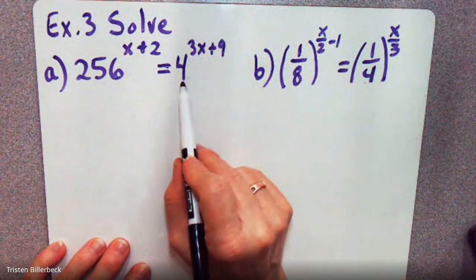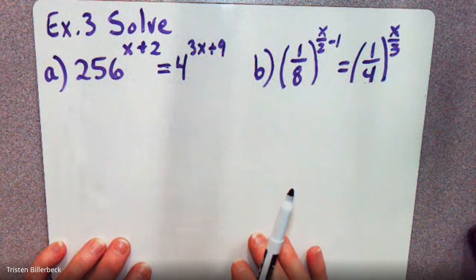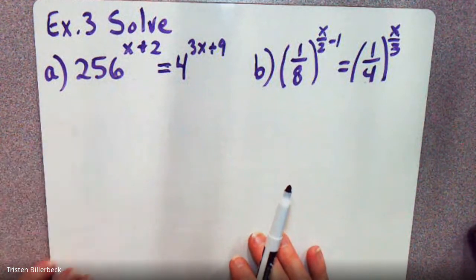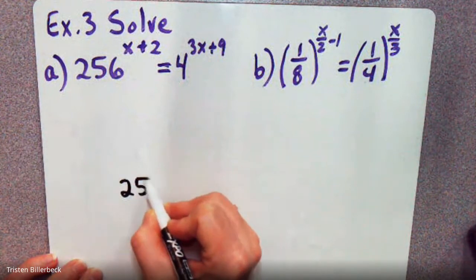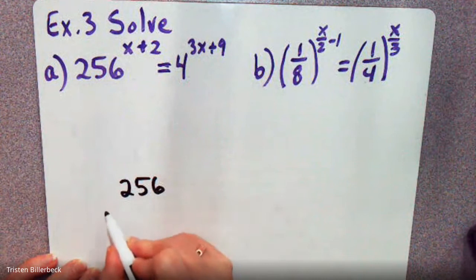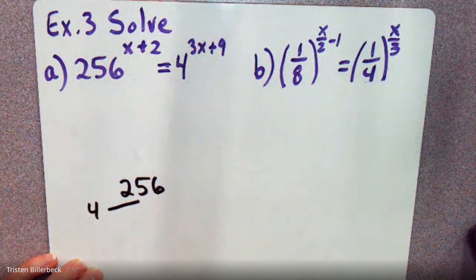I see I have a base 4 here and a base of 256. Well, that's just not going to work for us, is it? So what we need to do is take 256, and we're not going to do a prime factor tree. We're going to factor it by the base 4 because we need to know how many 4s make up 256.